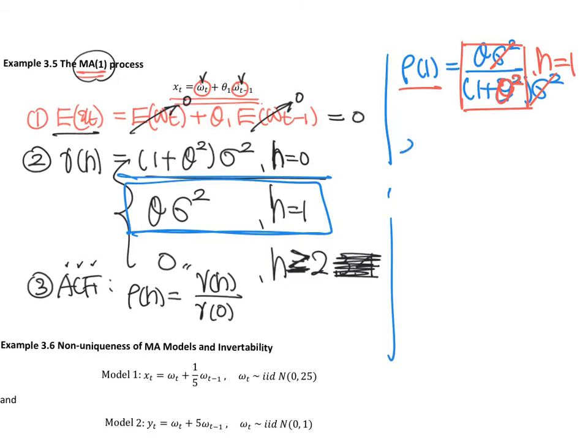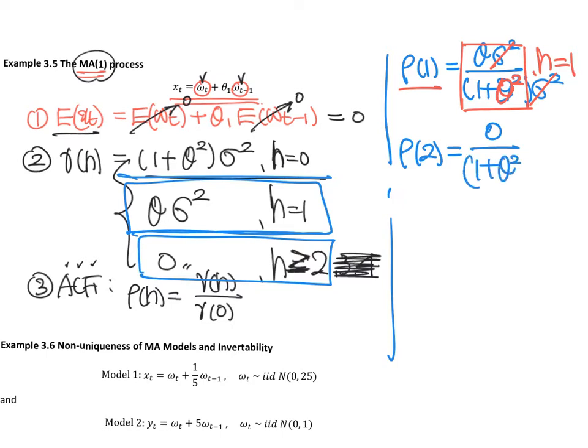Let me take another one. Is rho 2, the ACF at h equals 2. So we have to take this one, nothing, over the variance. Whatever in the denominator, that will be 0, when h is not only 2, but also bigger than or equal to 2.